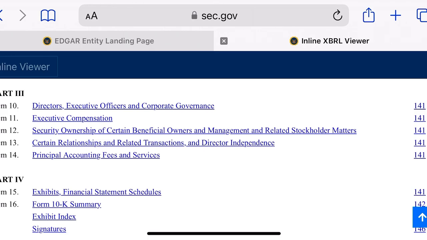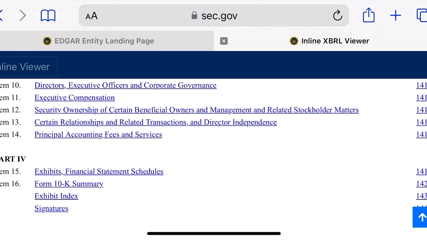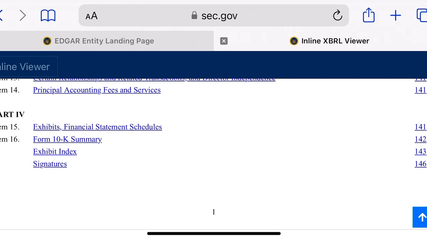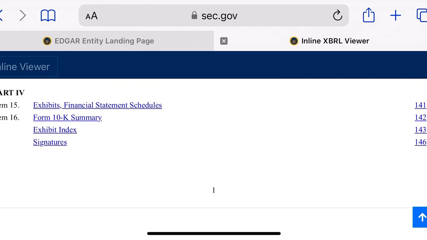If someone like the chief legal counsel is going to sell off 16,000 shares, maybe that's not a lot in the grand scheme of things, but it does change some of the financial aspects there. So some ownership related things, director independence, and then principal accounting fees and services. That's just looking at how much they pay their auditors, who their auditors are.